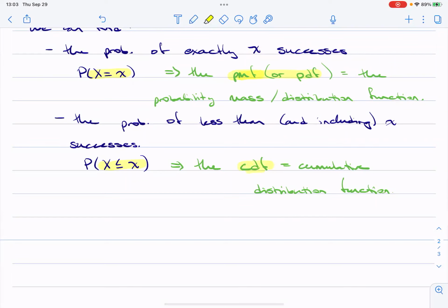If you think about the Z table, for example, the Z table gives you probabilities to the left, right? So those are cumulative distributions, because it's all the values up to that point and below. So those are CDFs. It's not just the binomial that we can talk about, the PDF or the CDF. For all distributions, we're going to have the exact probability and then some probability up to a certain point, cumulative. But it's easiest to think about in terms of the binomial.